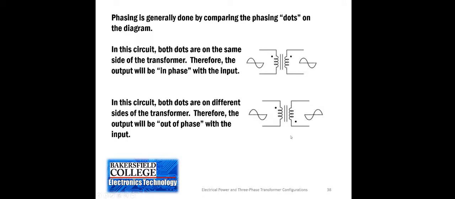When you connect one or two of these transformers where the phasing is opposite from the other one or the other two, then you're not going to have the correct voltage distribution across those coils. So it will not be even if you measured between L1 and L2 on an output, for example, of a transformer. You're not going to get the same voltage as if you measured between L2 and L3.